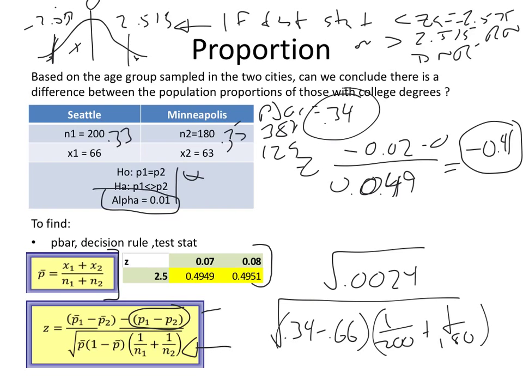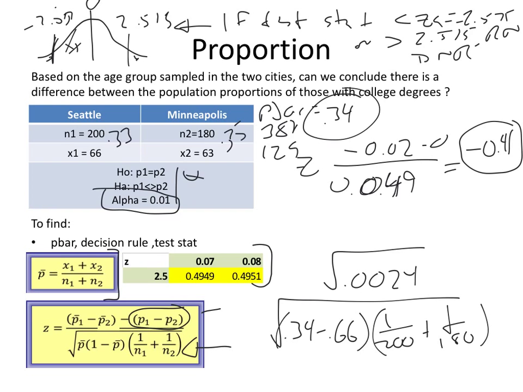Seattle was less than Minneapolis, so we're on the negative side of the distribution, as discussed, at negative 0.41 standard deviations below the mean. So we would say, yes, it's less, as our sample indicated, Seattle is less than Minneapolis, but it's not so much less that it falls into the rejection region, and we can't conclude that Seattle is always less than Minneapolis.